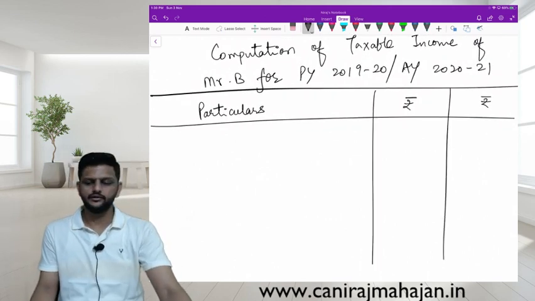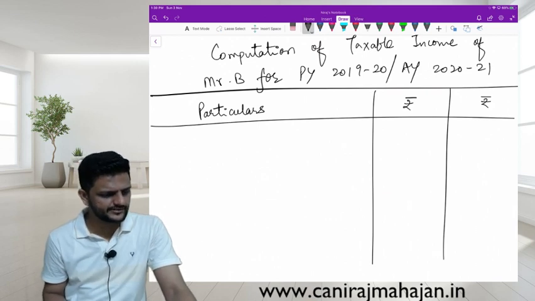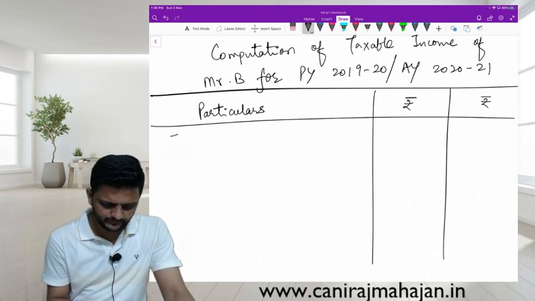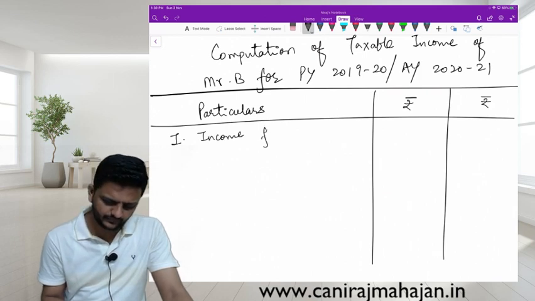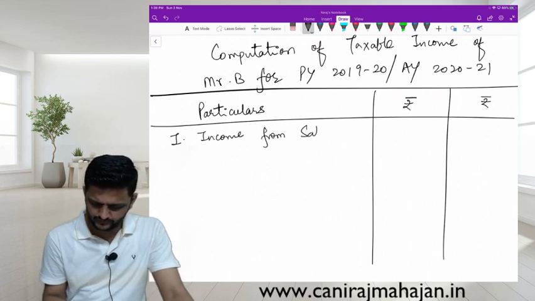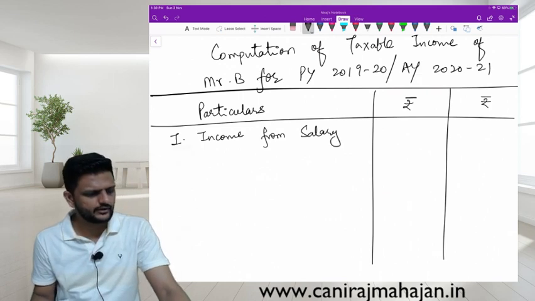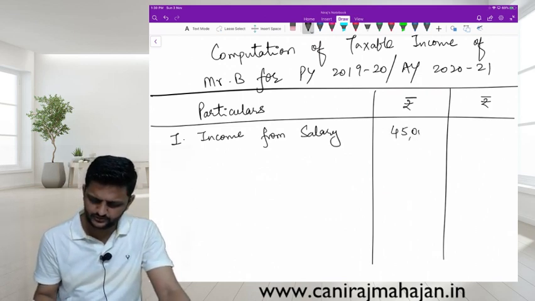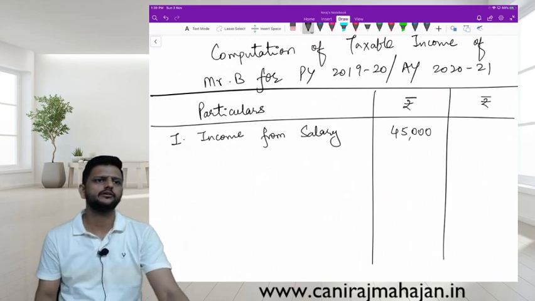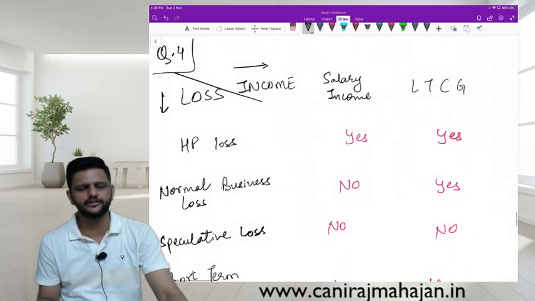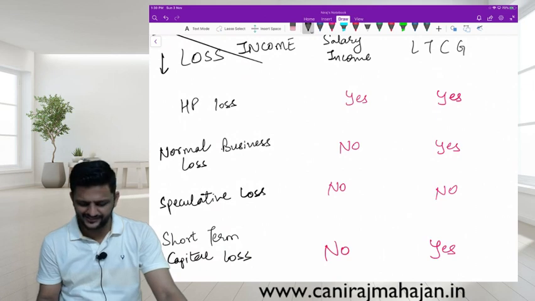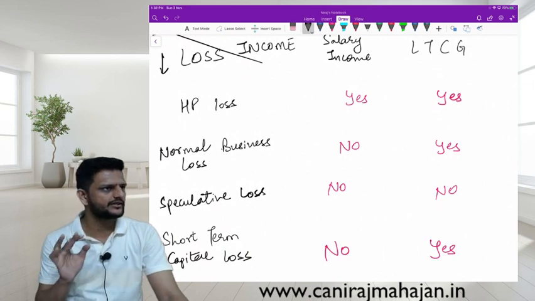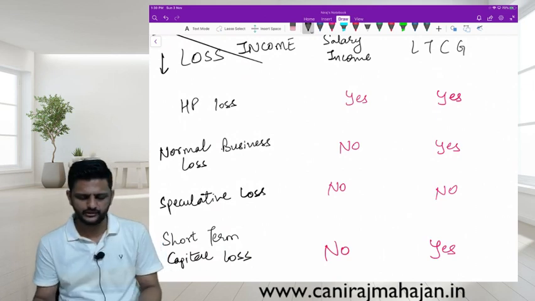First one, income from salary. How much? 45,000. Something is to be adjusted. For that, you will just see your above table. If the table says yes somewhere, then prioritize who all we can now set off.